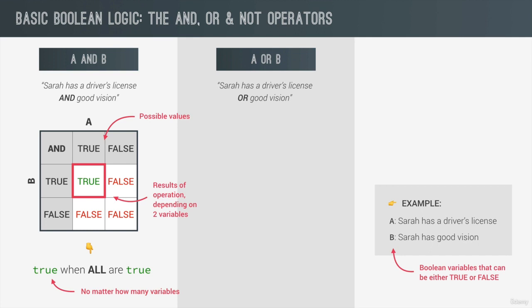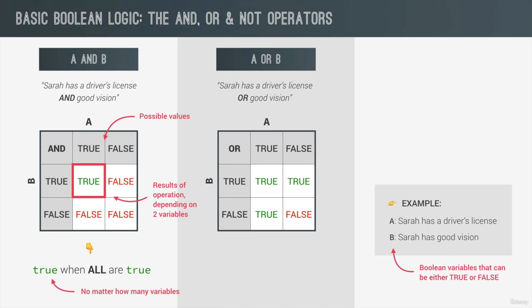And in fact, a look at the truth table confirms exactly that. So unlike the AND operator, with the OR operator, even if one of the variables is false, the outcome will still be true. Or in other words, if either A or B is true, then the OR operation becomes true as well. And that's why it's called the OR operator.